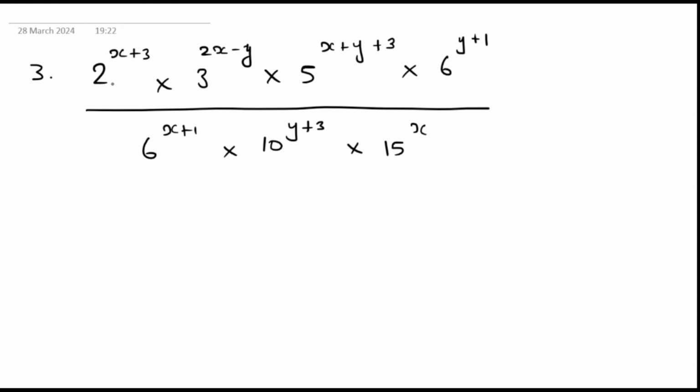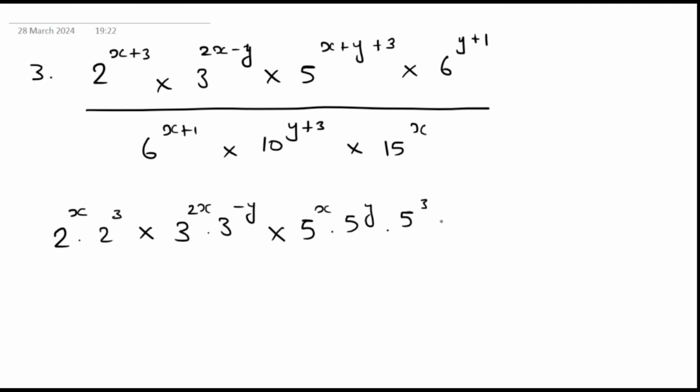Now these powers I am writing it separately. So this will become 2 to the power x into 2 to the power 3 into 3 to the power 2x into 3 to the power minus y into 5 to the power x into 5 to the power y into 5 to the power 3 into 6 to the power y into 6 to the power 1.